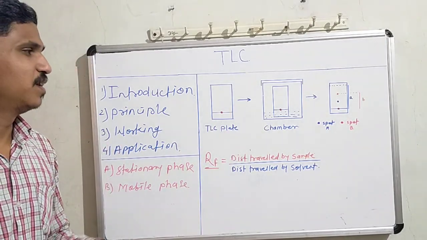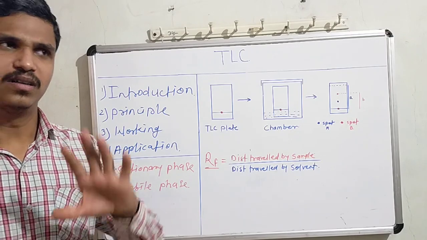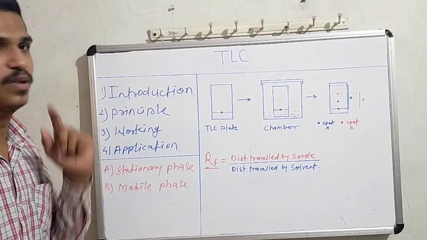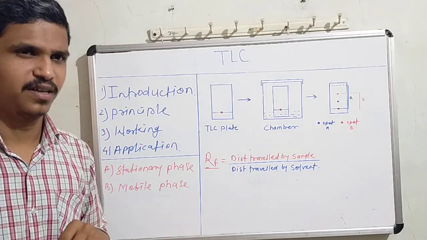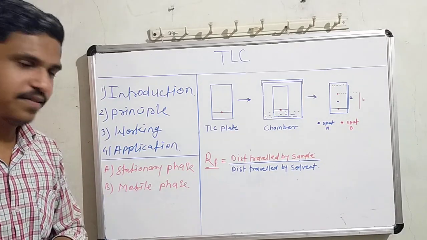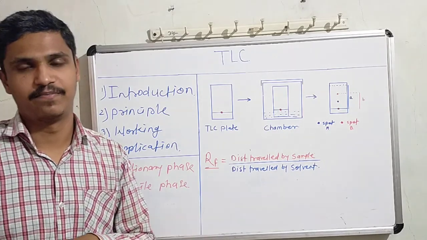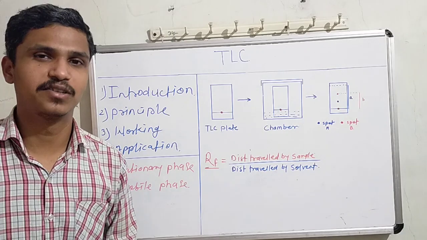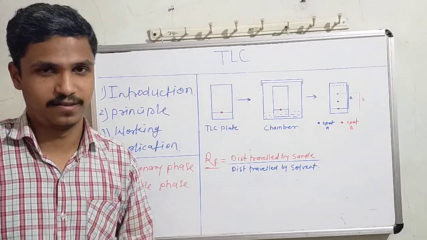Then the very important aspects of any chromatography technique are the stationary phase and the mobile phase. The stationary phase, as the name suggests, is the fixed or solid surface.